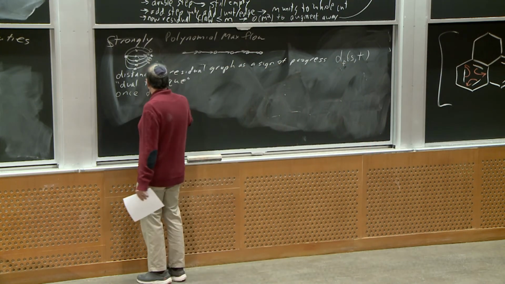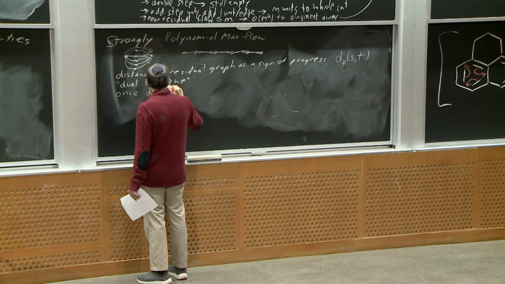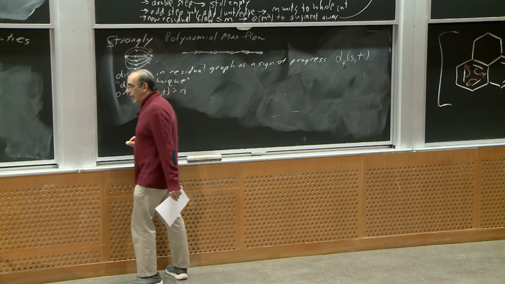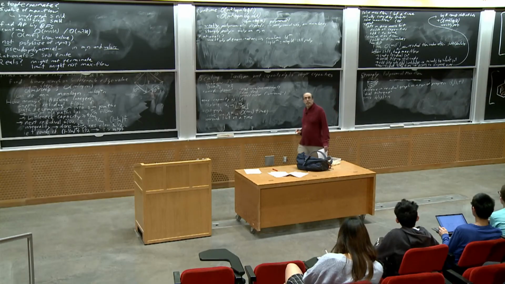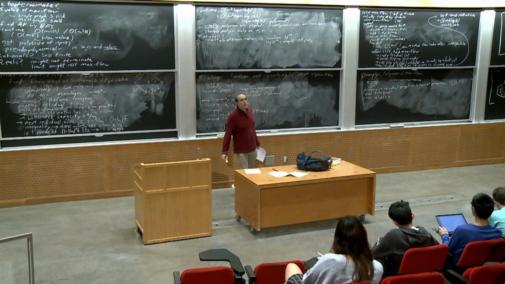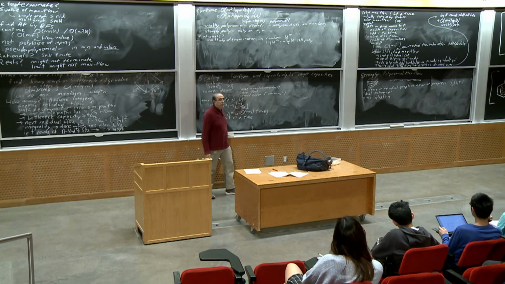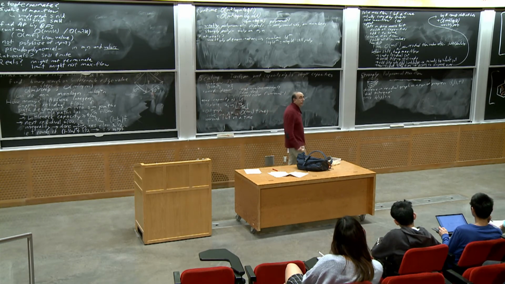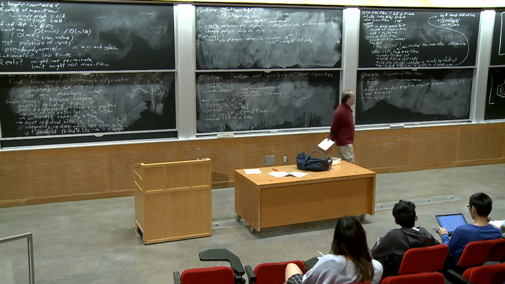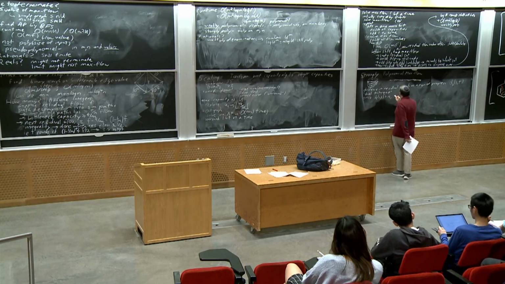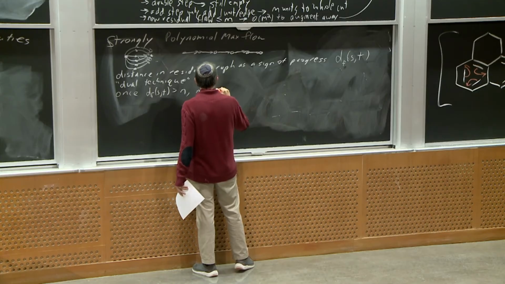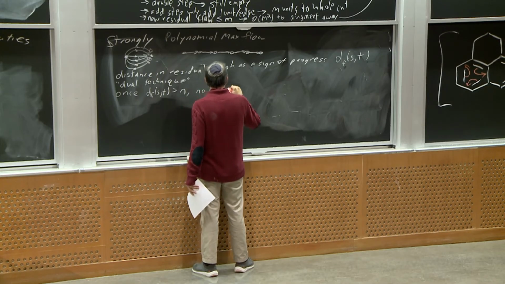Once this distance is greater than n, what can I say? Right. Once the distance is larger than n, there are no augmenting paths. Why?